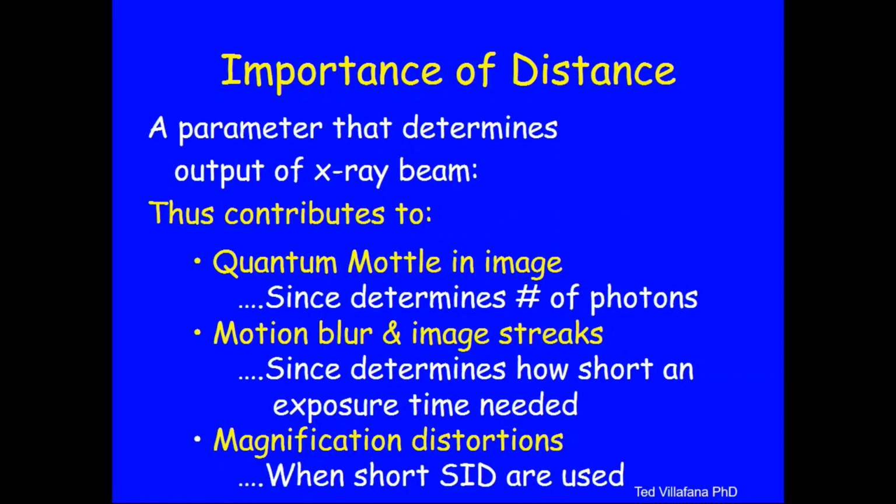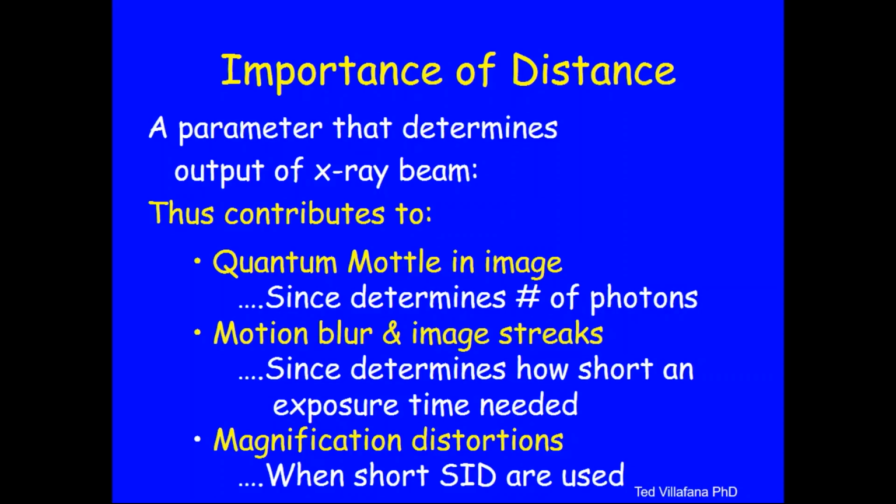The final point over here is magnification distortions. And when you go to a short SID, why would you want to go to short SID? Because you get more photons. You get more photons, you don't get as much noise. And your exposure times are short because you got more photons. Those are big reasons you would want a relatively short SID.